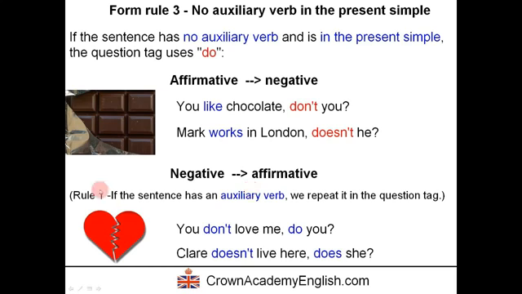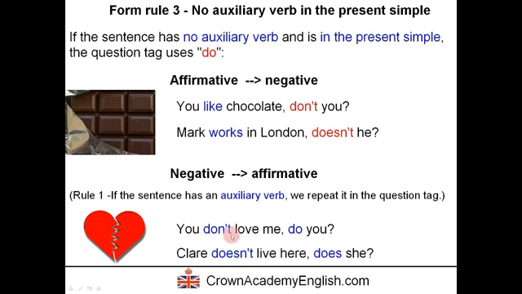Okay, so here this is rule 3, and it's also rule 1, because strictly speaking, this is in fact an auxiliary verb, isn't it? You don't love me, do you? So it follows 2 rules.